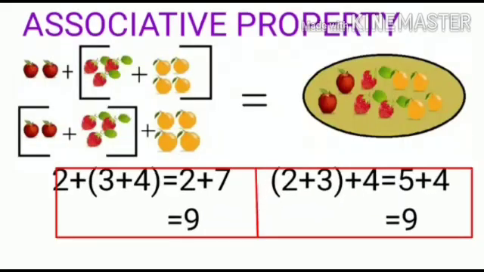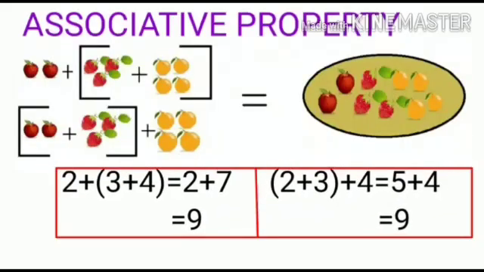Next, associative property. Look at the picture. What do you observe? There are some fruits. Each fruit indicates an integer. Consider three integers 2, 3 and 4.